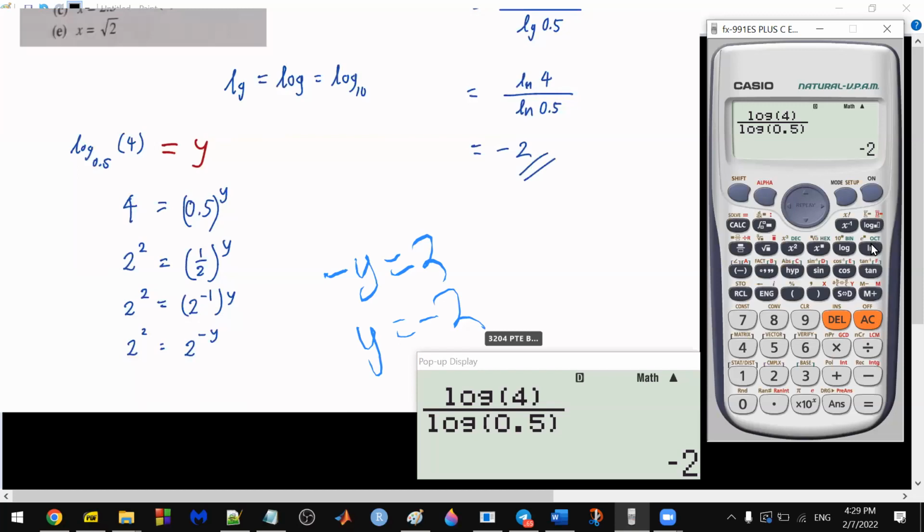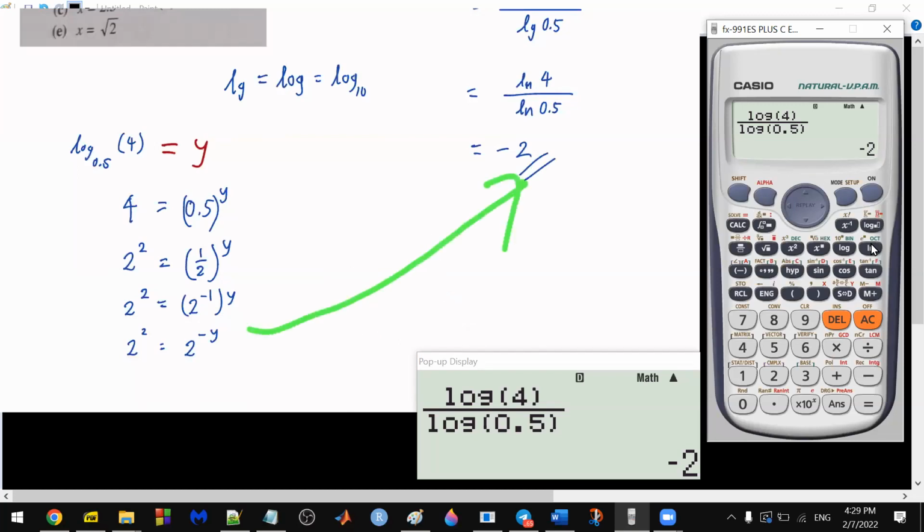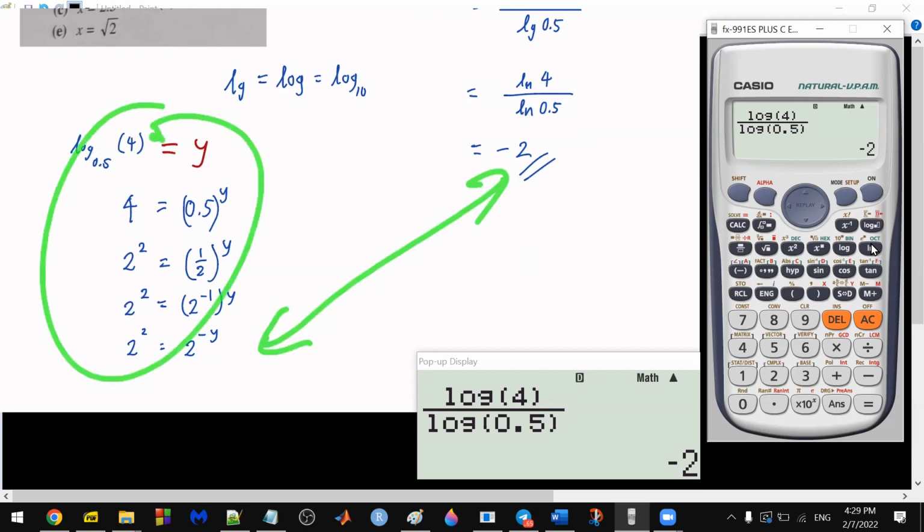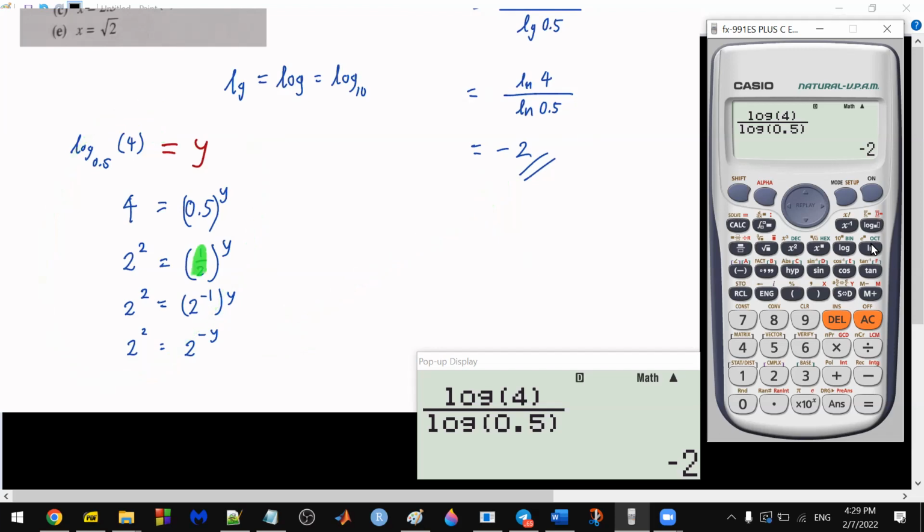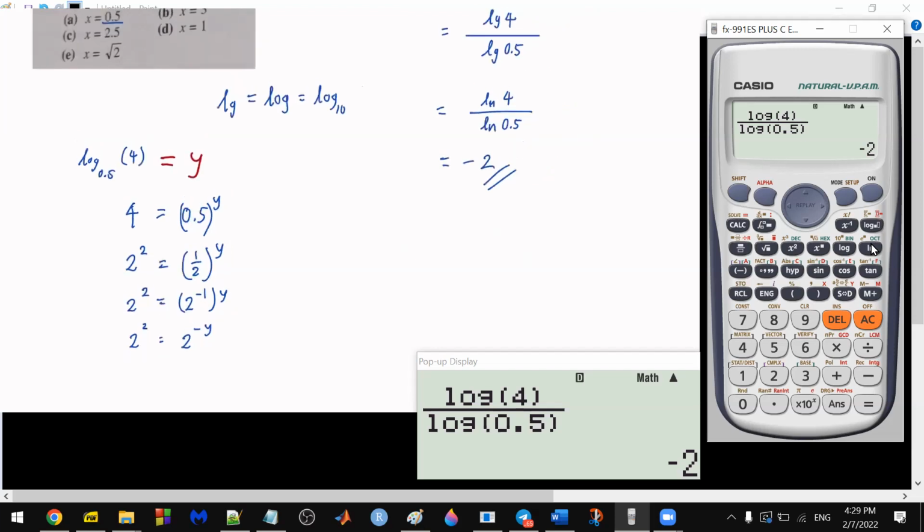Exactly what we got here. -2. Okay. So this method doesn't always work, because we only got lucky here because the 0.5 can be written as 1/2, which converts into 2 power -1. It's better to just use the calculator method.